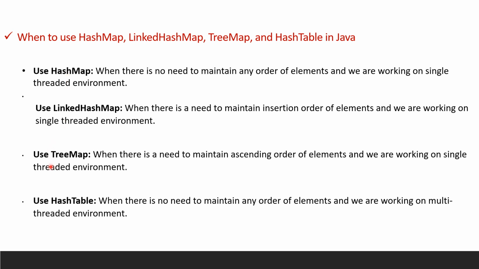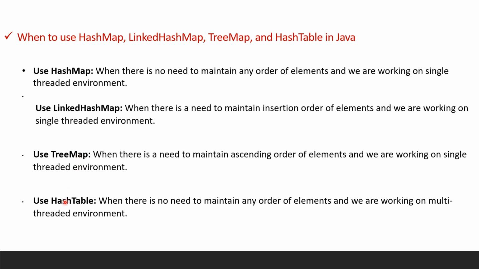If we come to TreeMap, when there is a need to maintain the ascending order of the elements, and we are working in a single threaded environment again, then we go for TreeMap.